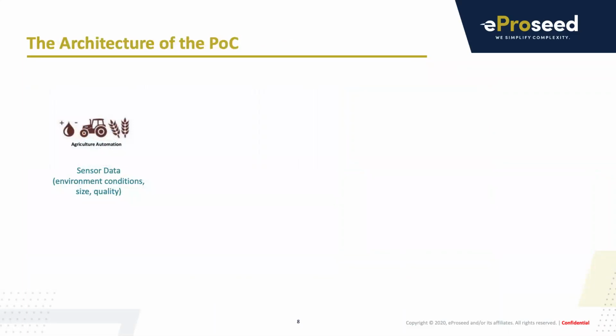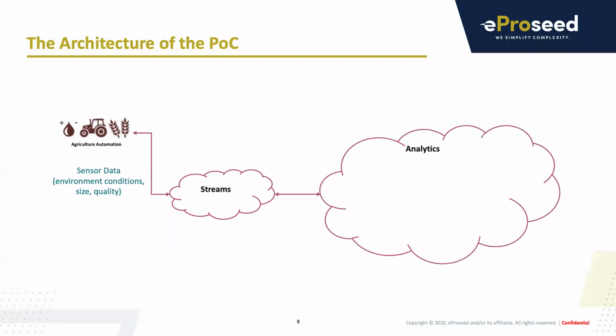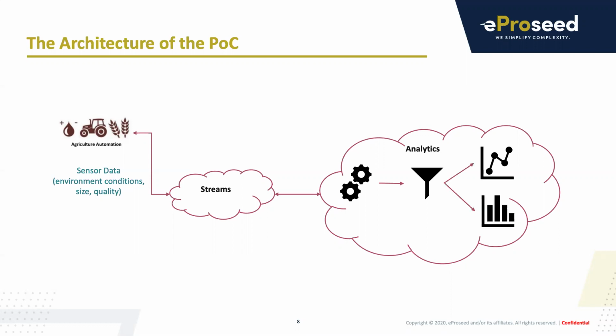So for the proof of concept, well, let's call it architecture. It's more or less a graphical overview of all the components involved. So we have a small cart that was the monitoring, so size, quality, humidity, temperature. It will send that as a stream to Oracle Cloud, just a simple data stream. And that then again is sent to Oracle Stream Analytics, where it is processed and then filtered and then displayed as information.